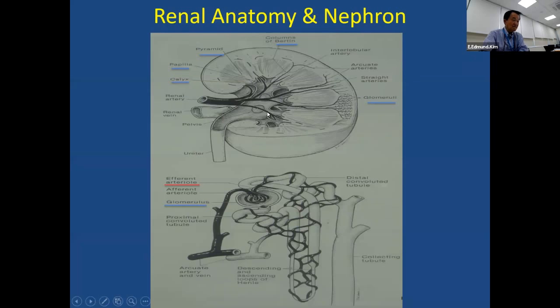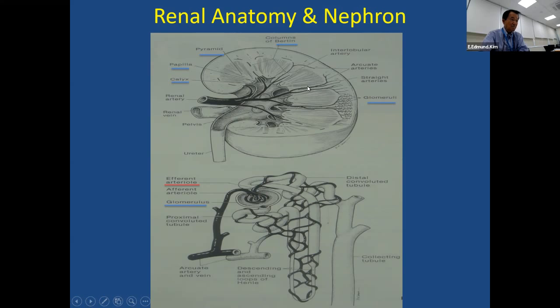More detail inside, as you know, there is the cortex, medulla, and the glomerulus here, and this arcuate artery here is a sort of arterial branch.